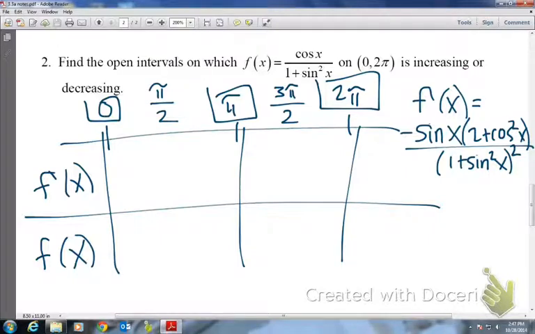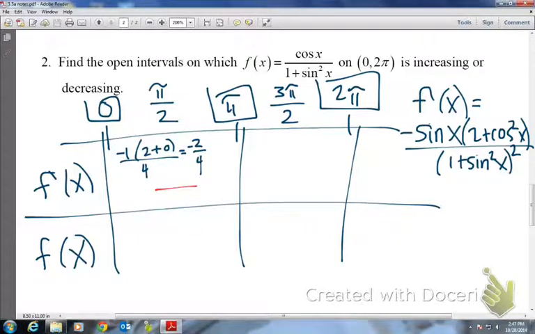Alright, so when I plug in pi over 2, sine of pi over 2 is equal to 1, so that's negative 1. 2 plus cosine of pi over 2 is equal to 0, so that's just 2 plus 0. Divided by 1 plus sine, which would be 1 plus 1 squared, which would be 4. So this would be negative 2 over 4, which is a negative number. So I'm just going to write negative.